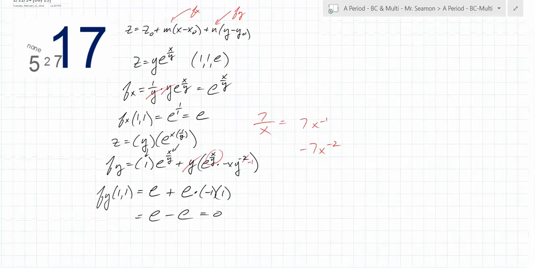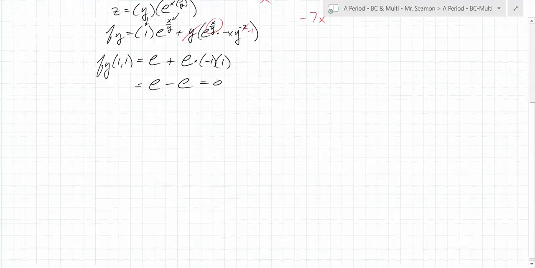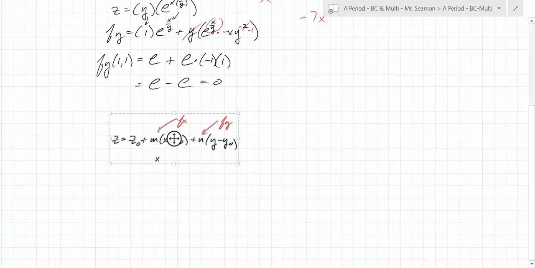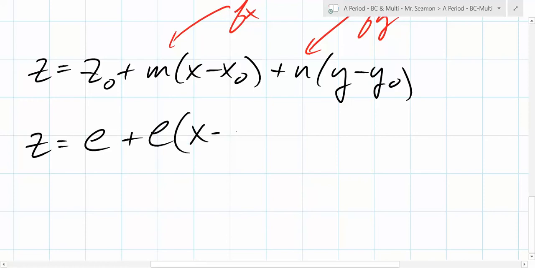So we have our formula right there, and then you just plug it in. When we plug these things in, what's our point? Our point's kind of nice: 1, 1, e. So what's z going to be? e plus, what was fx? e times x minus 1 plus 0 times y minus 1.